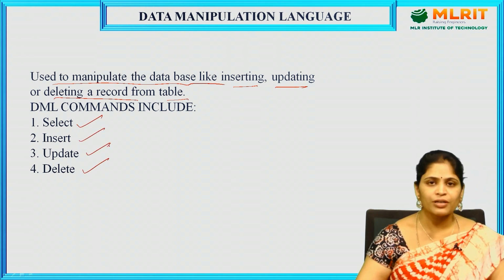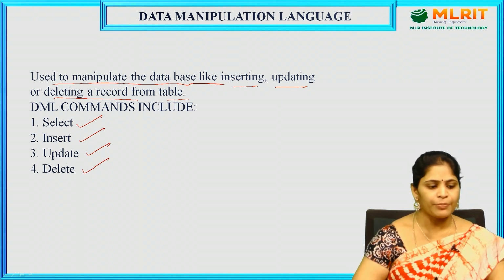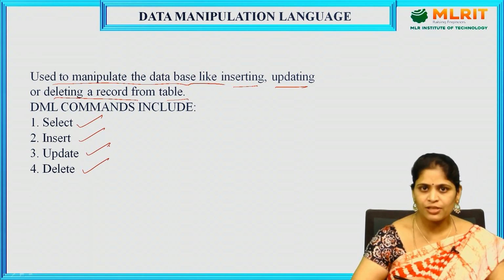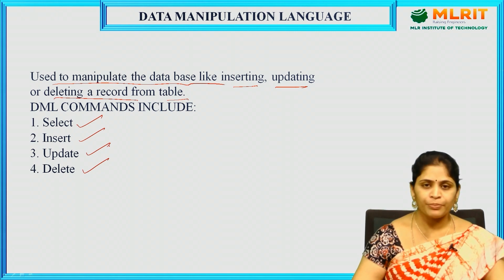Select is the command used to retrieve information from a particular table. If we want to insert any values, we use the insert command. Next, update. If we want to update already existing data, then we use the update command.